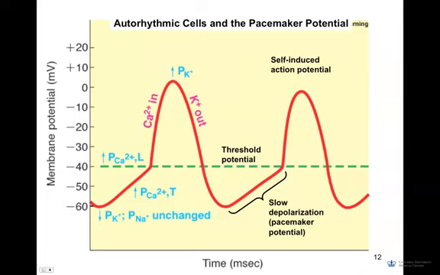And then right around the peak of this action potential, calcium channels close, we open the potassium channels, and then the potassium leaves the cell and causes the rapid repolarization of the cell. And so this is happening over and over and over again. And this is what creates this autorhythmicity, this spontaneous firing of action potentials.